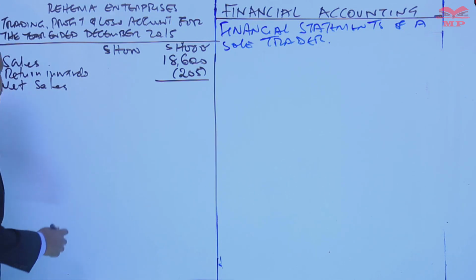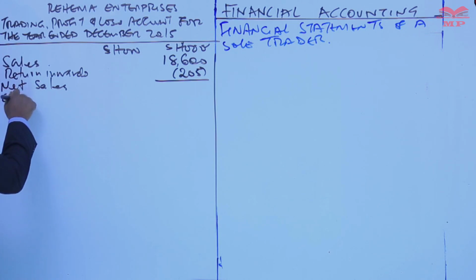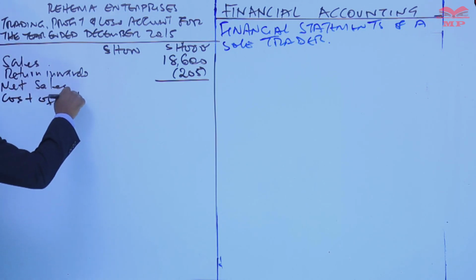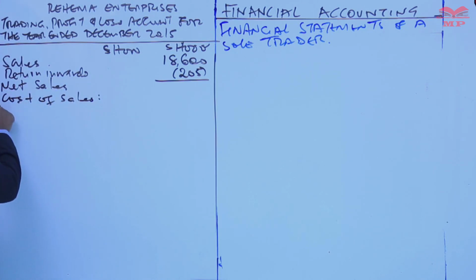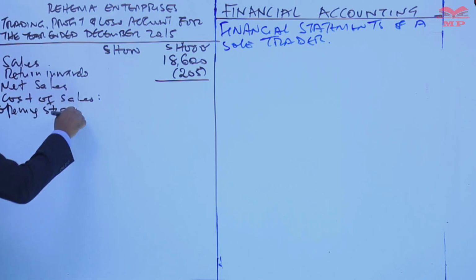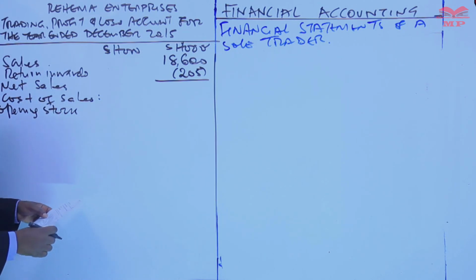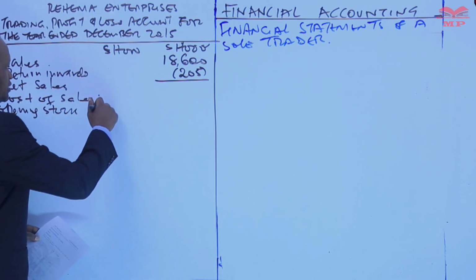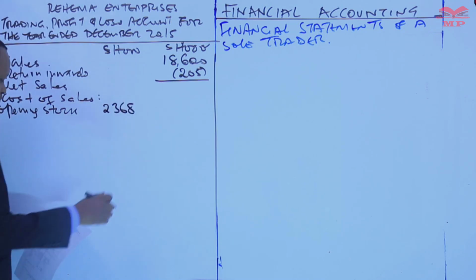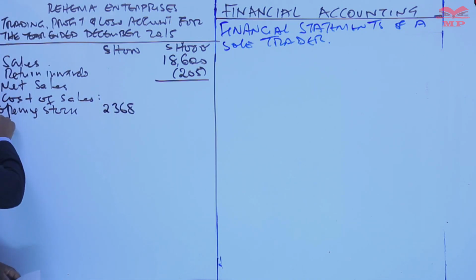From net sales, we deduct the cost of sales, beginning with the opening stock. The first item there is the opening stock, 2368. Add purchases.